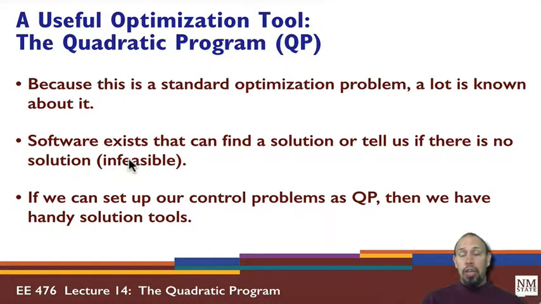Well, then you just can't do that, so you quit trying and do something else. You either say, let me take longer to settle, or let me allow a little more control magnitude. If we can set up our control problems as quadratic programs, then there are nice handy tools.